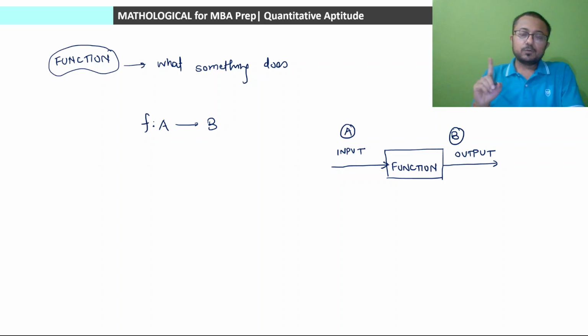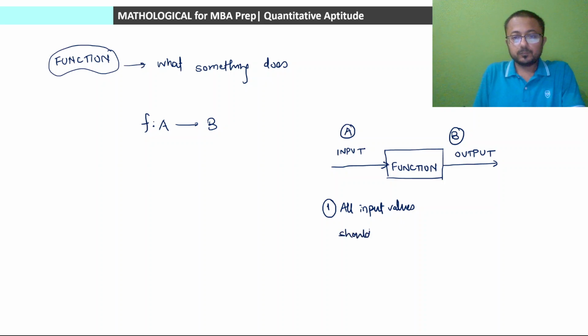Okay, so there are two conditions which are certain for a relation to be a function. The first condition is that all input values should be accepted. Basically, since set A is the input, all elements of set A should be valid inputs. यानी कि all elements of set A should produce an output.